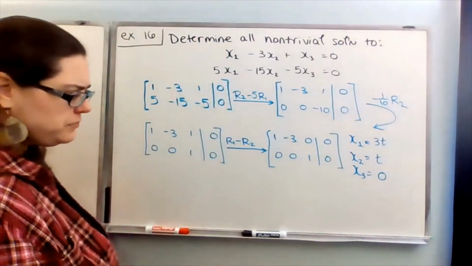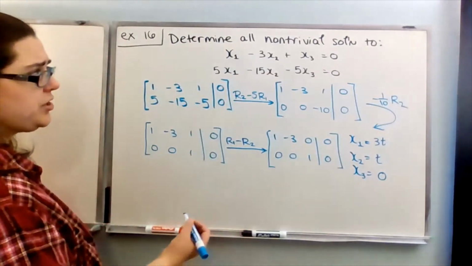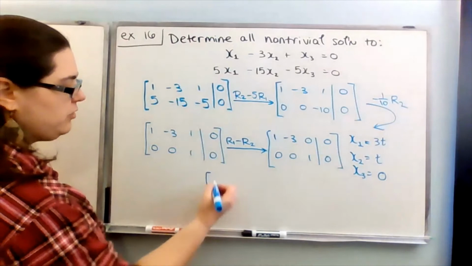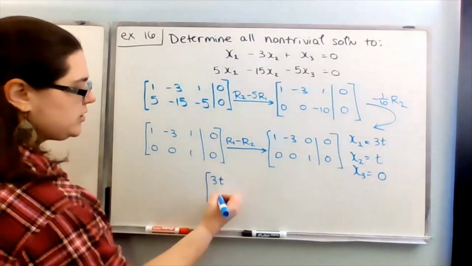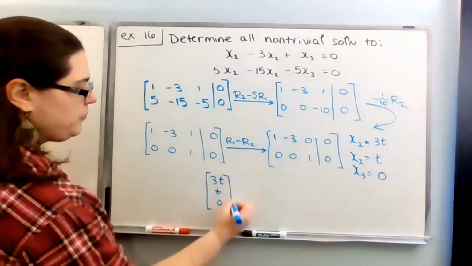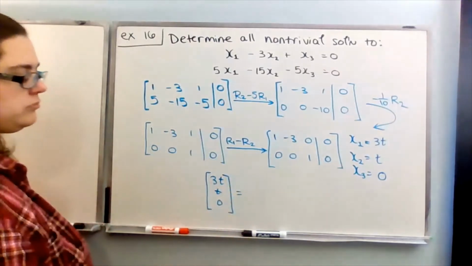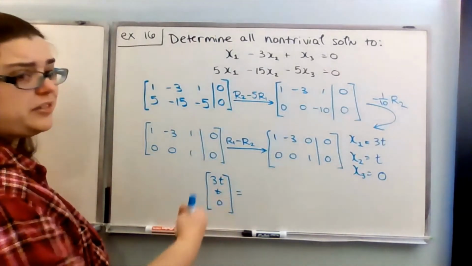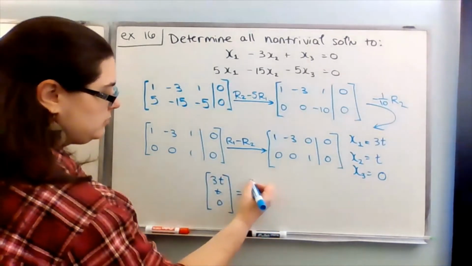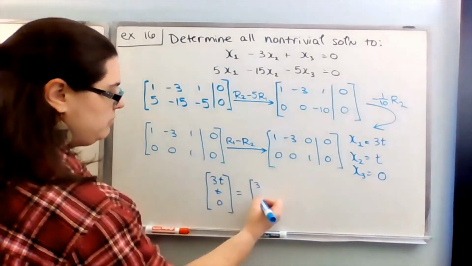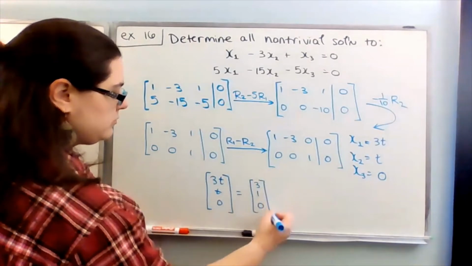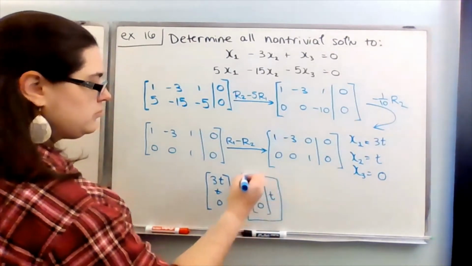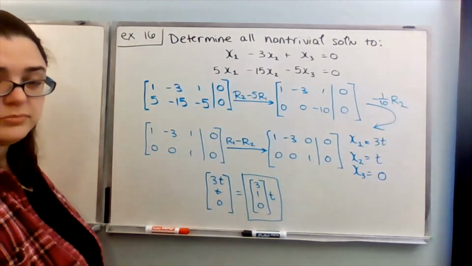So I'm going to get 3t. If I write that as a linear combination of matrices, that's going to be, well, let's just start out, 3t, t, 0. And there's only 1 here, so let's just basically factor out that t. And there we go.